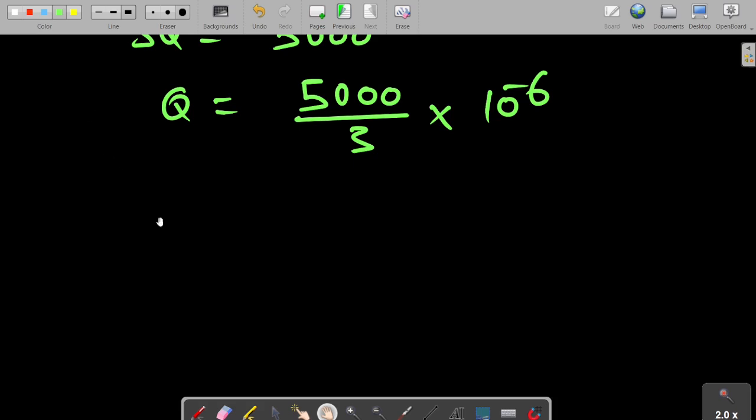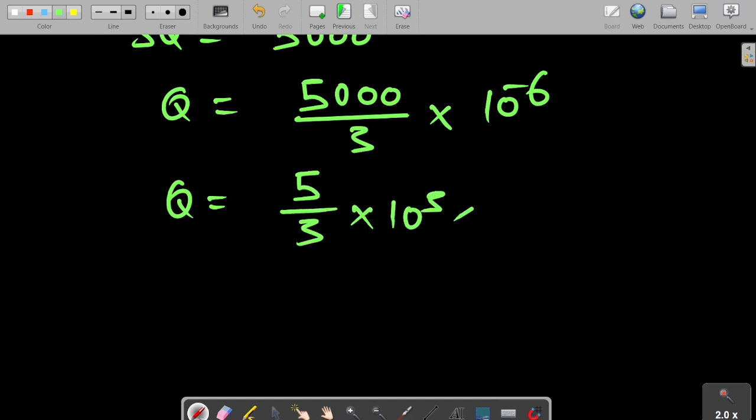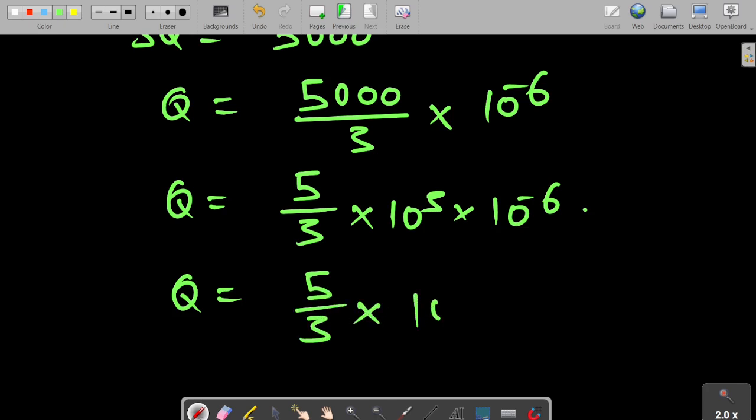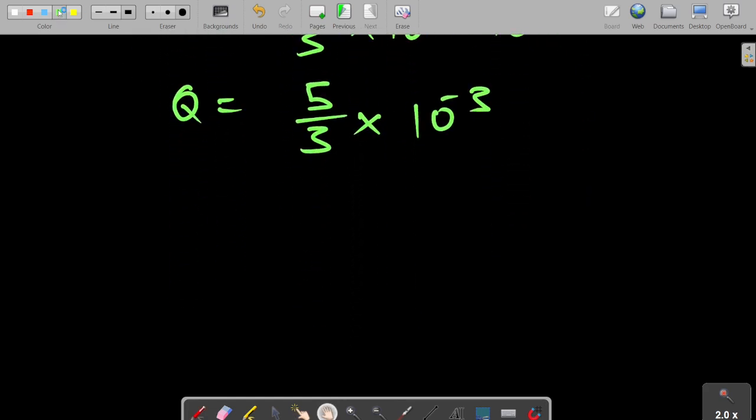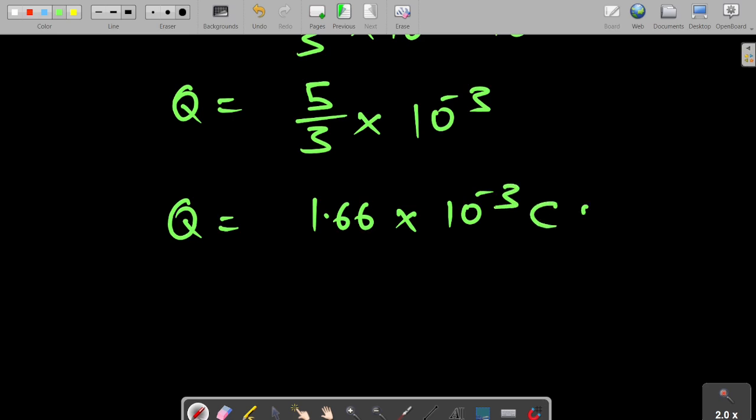Further simplifying, it will become 5 by 3 into 10 to the power 3 into 10 to the power minus 6, which becomes 5 by 3 into 10 to the power minus 3, and that is 1.66 into 10 to the power minus 3 coulomb.